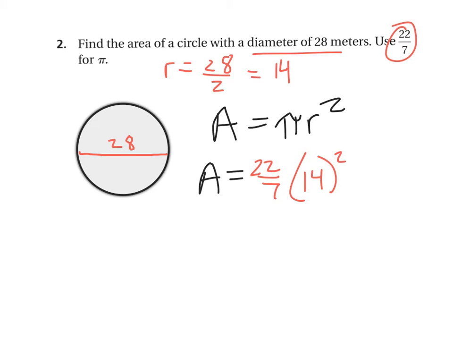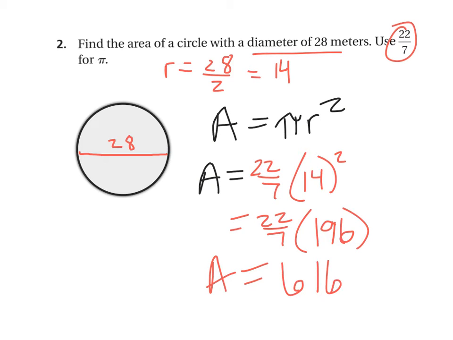So 14 squared is 196. So 196 times 22 over 7 should give you 616, and then we got to label this meters squared. So 616 meters squared.